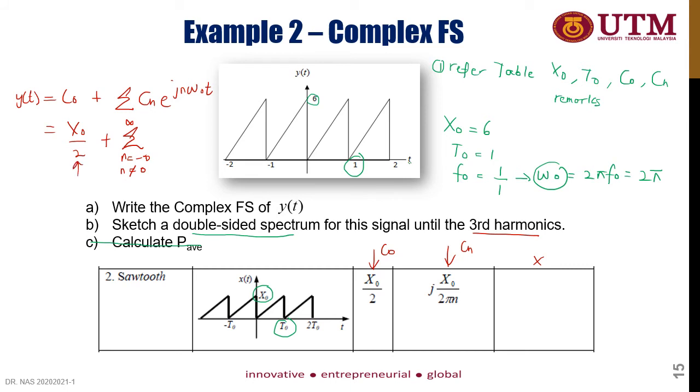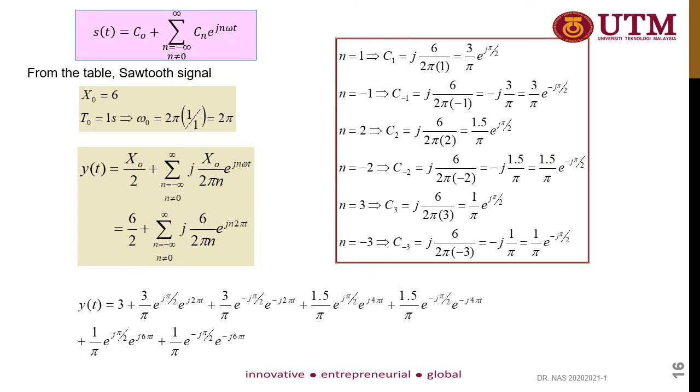So your Cn is j x0 divided by 2 pi n. This is just the Cn. Don't forget the rest of the function e^(j n omega naught t), and you can put your omega naught 2 pi t. Okay, this is the general equation.